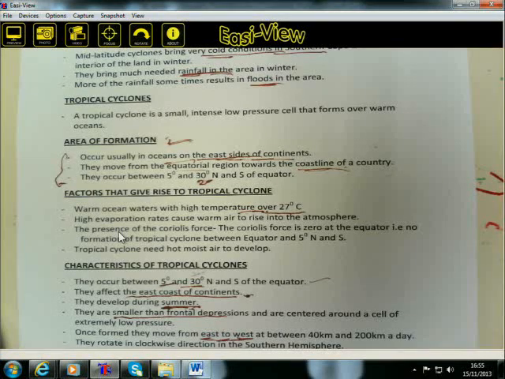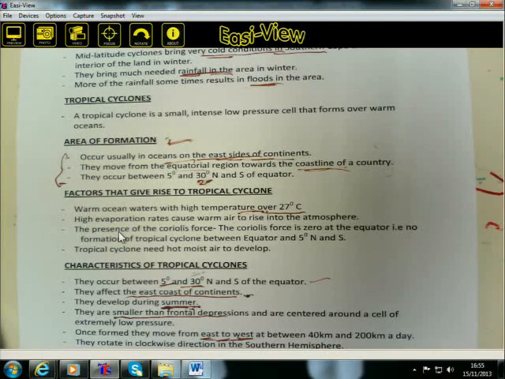Remember the movement of the mid-latitude cyclone is from west to east. And the movement of the tropical cyclone is from east to west. This is where, again, most of the learners confuse the two movements.